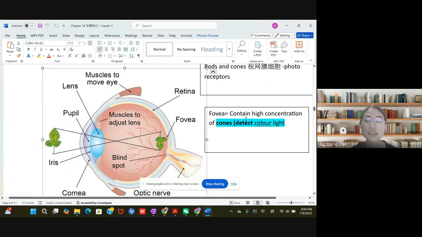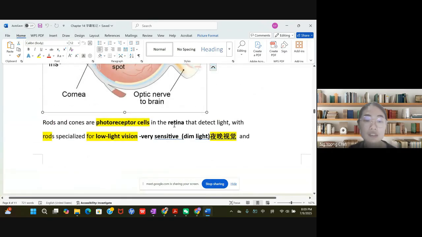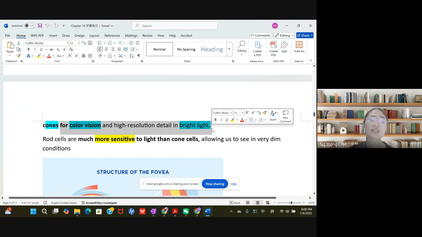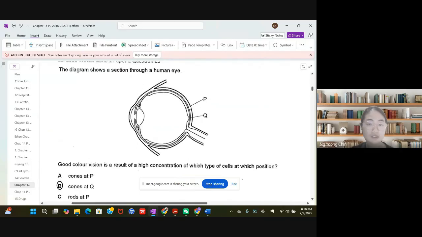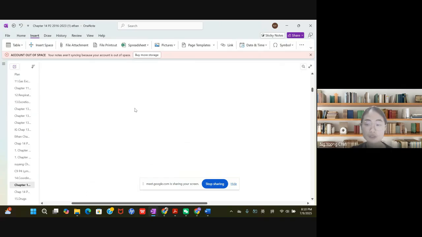The function of cones is to detect colored light because they are responsible for color vision. They can detect color in bright light. So here Q is the fovea, which contains a very high concentration of cones.